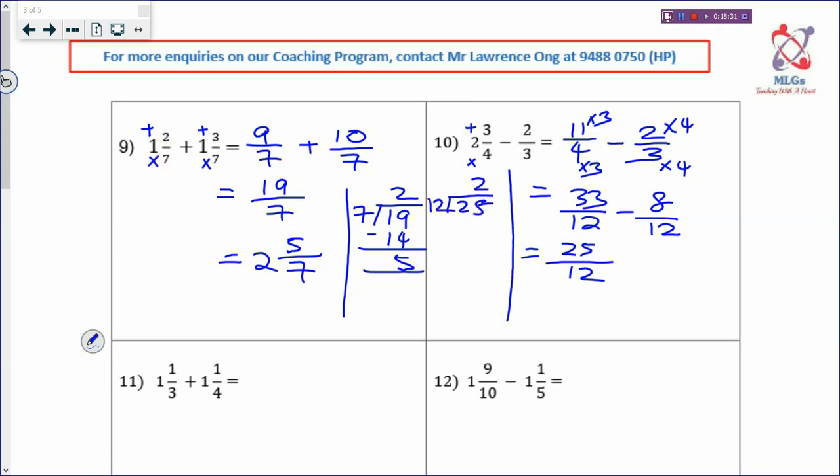So you have 2 times 12, 24. And your remainder is 1. So your mixed number will be quotient, which is the whole number, remainder is on top, and your 12 is below. 2 and 1 over 12. Alright, and make sure it's the simplest form. Okay, so it's not very hard. So what is the lesson?